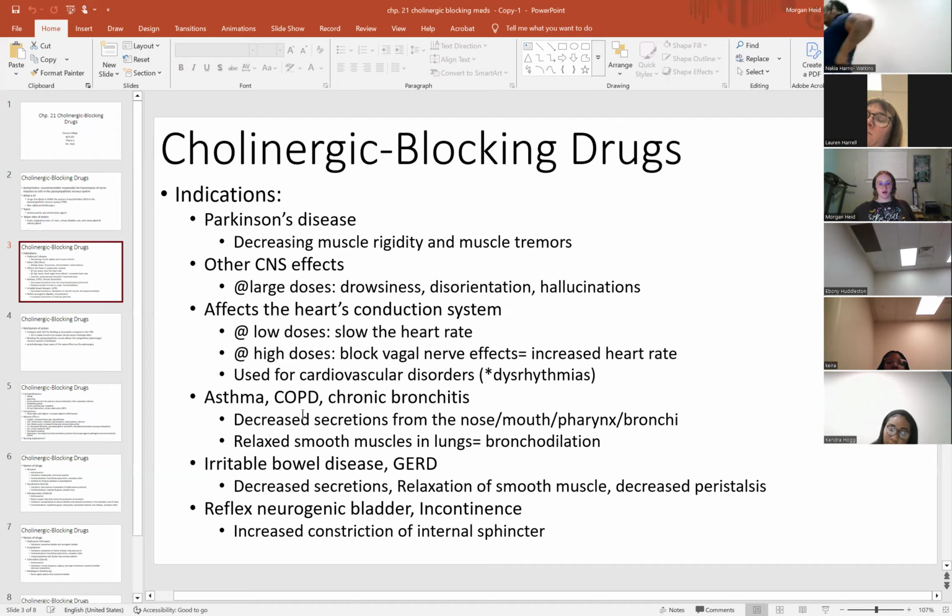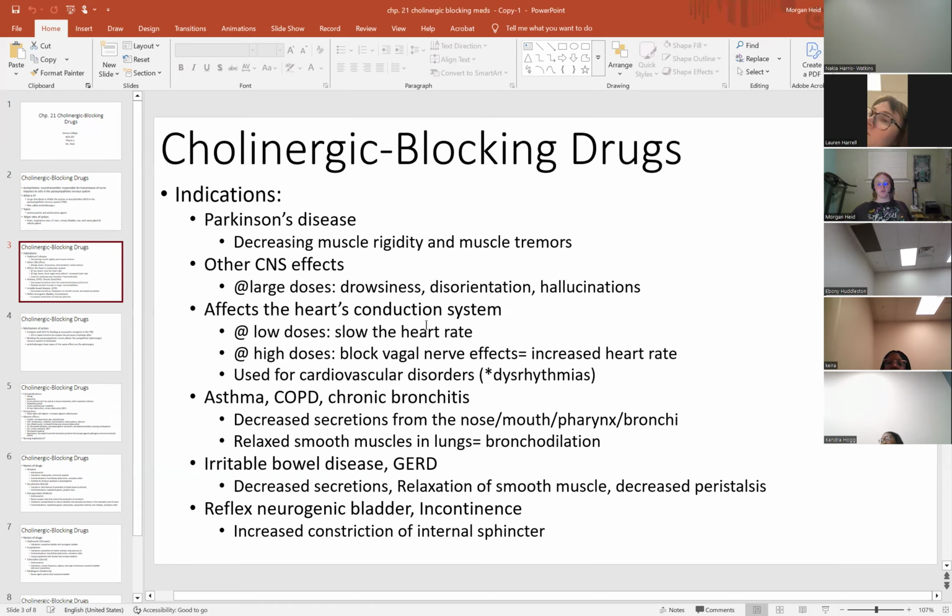For the respiratory tract, it's going to stop the parasympathetic nervous system from causing constriction. At the low dose, you are getting bradycardia, which is what's going to happen from the parasympathetic nervous system anyways. But with these medications, we want to stop that.